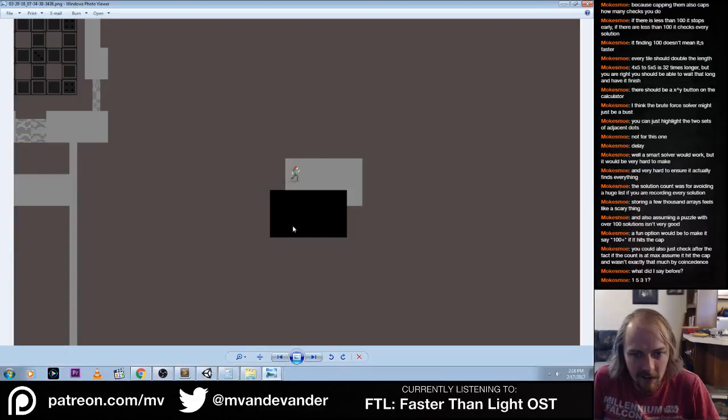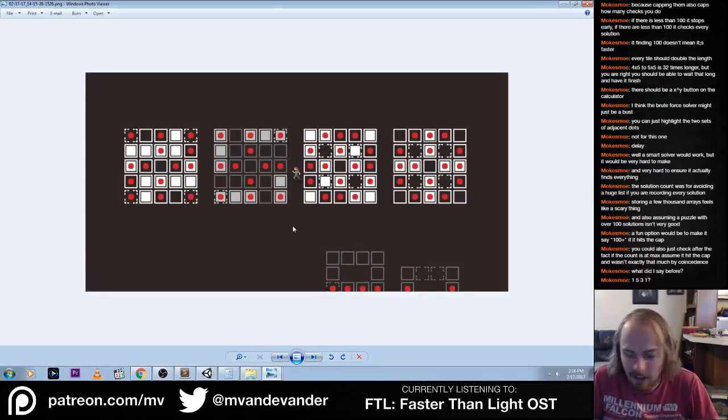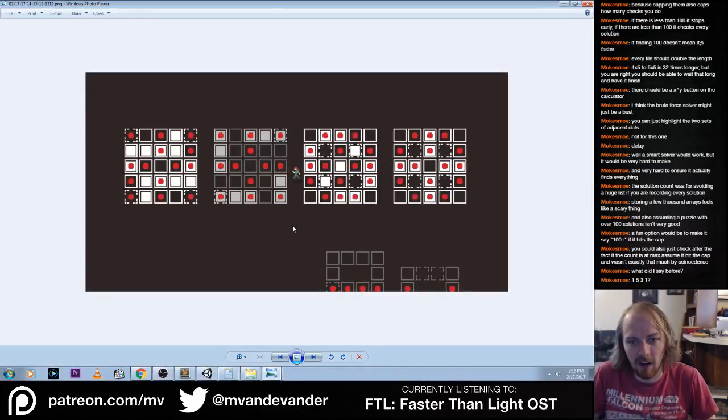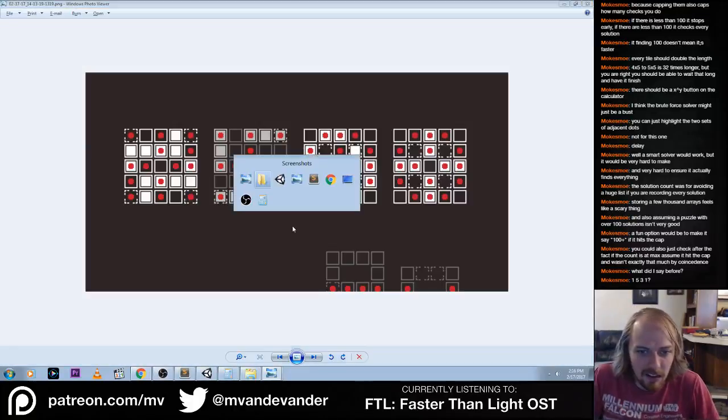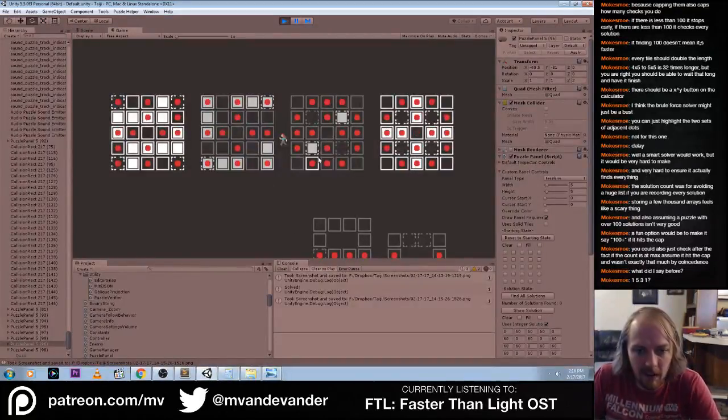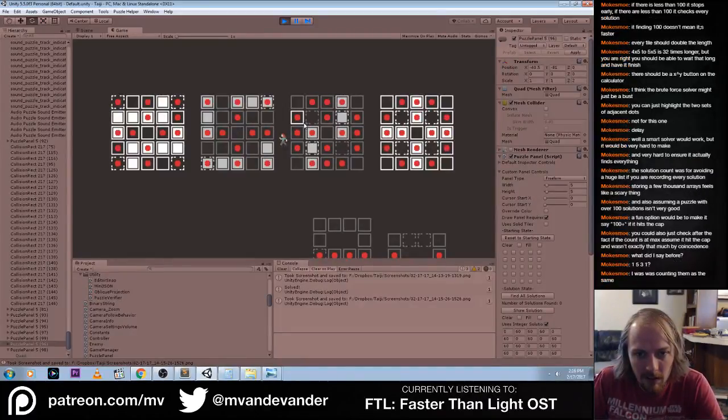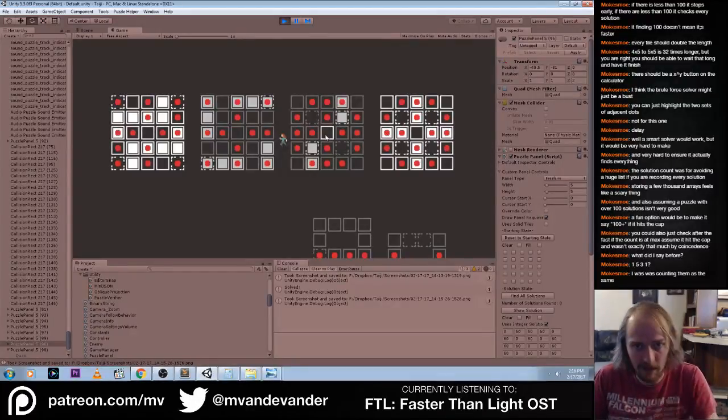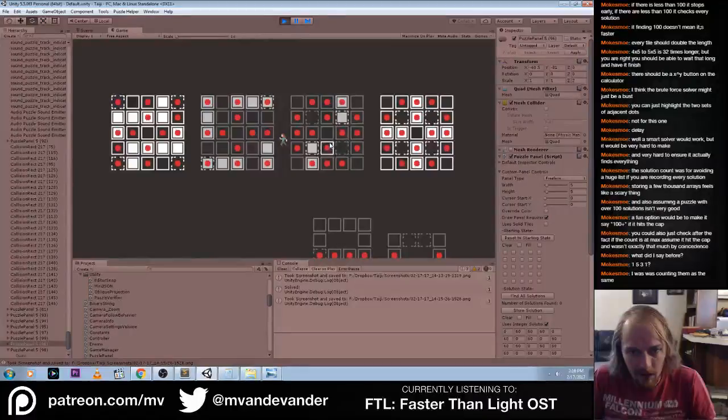That's the only thing that makes stuff like this hard: finding degenerate solutions is actually non-trivial. Are all the solutions to this equally valid and interesting, or are some of them stupid? I feel like no matter what, this middle tile has to be on, because I have to separate these groups somehow.